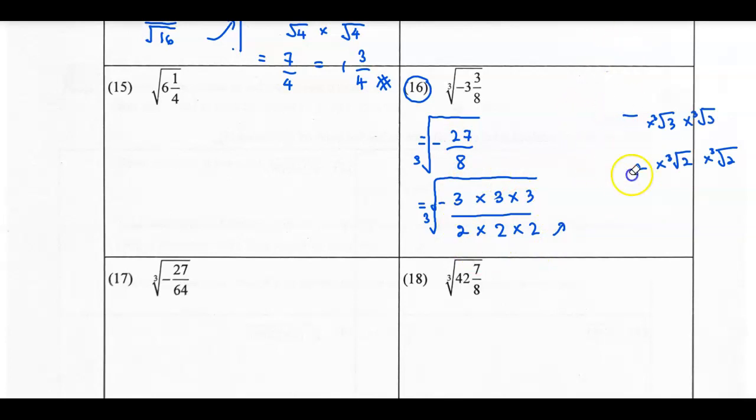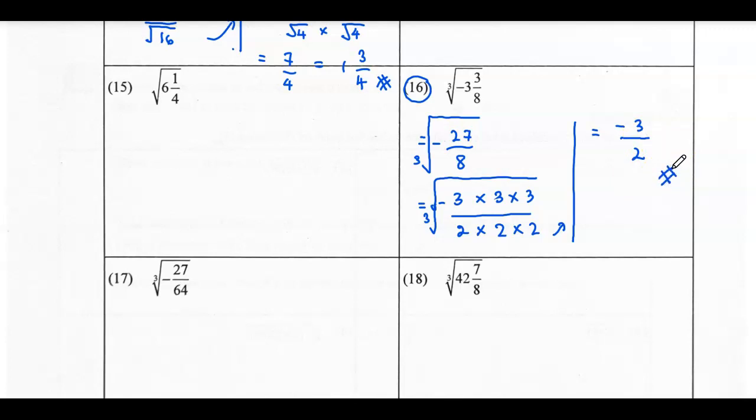Thus I'm going to drag it again here. This one will give you negative, don't forget the negative, and then cube root of 3 multiplied by 3 multiplied again by 3 is 3, over this one is 2. So your final answer is negative 3 over 2.